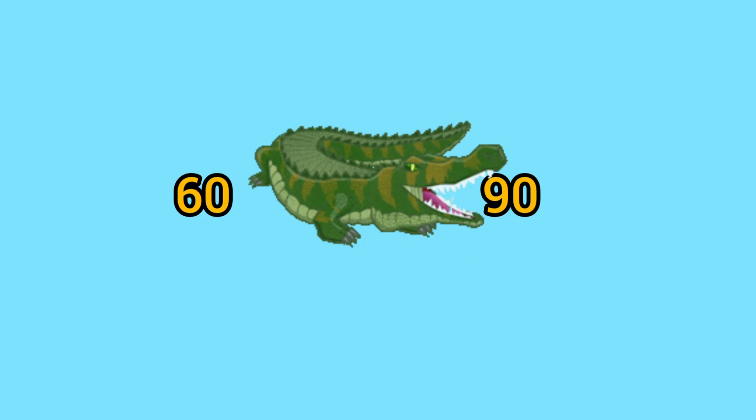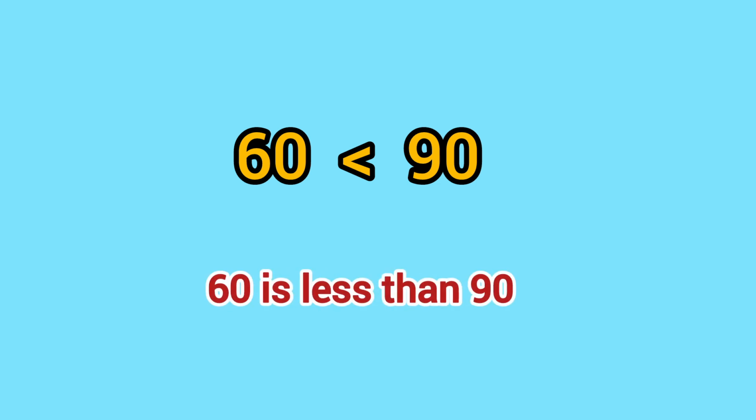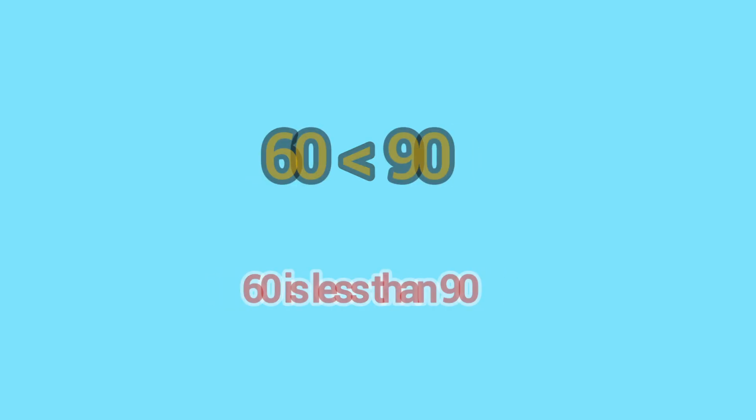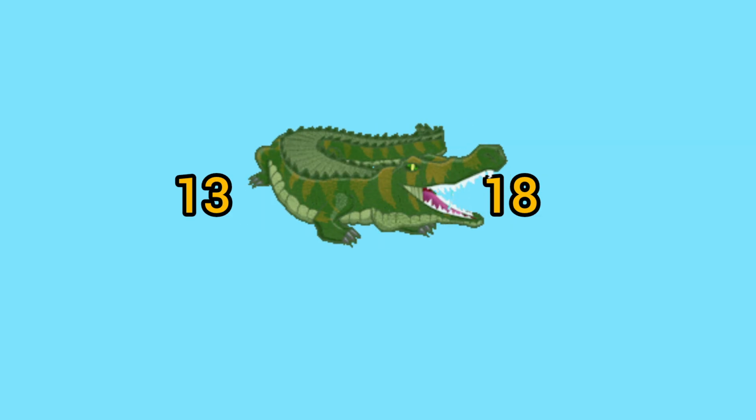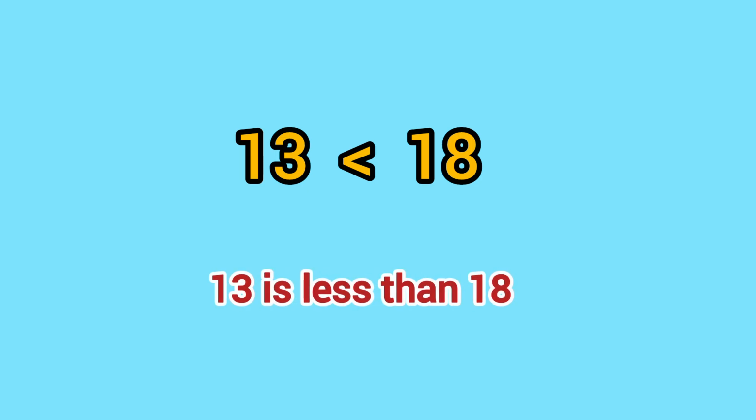Which number will the crocodile eat? Crocodile eats 90 because 60 is less than 90. 13, 18. Which number will the crocodile eat? Crocodile eats 18 because 13 is less than 18.